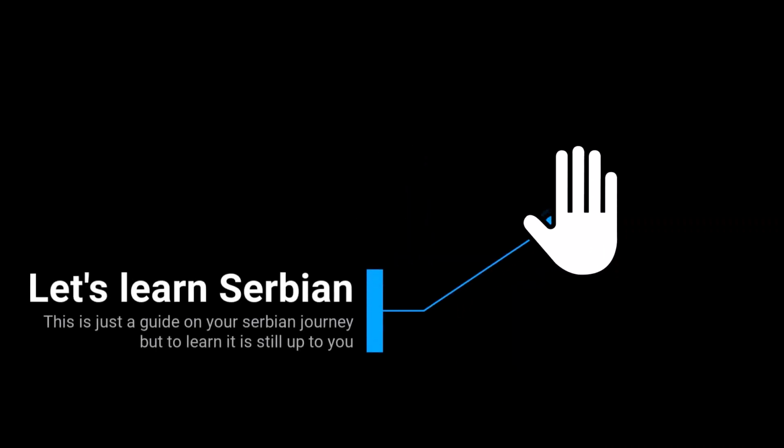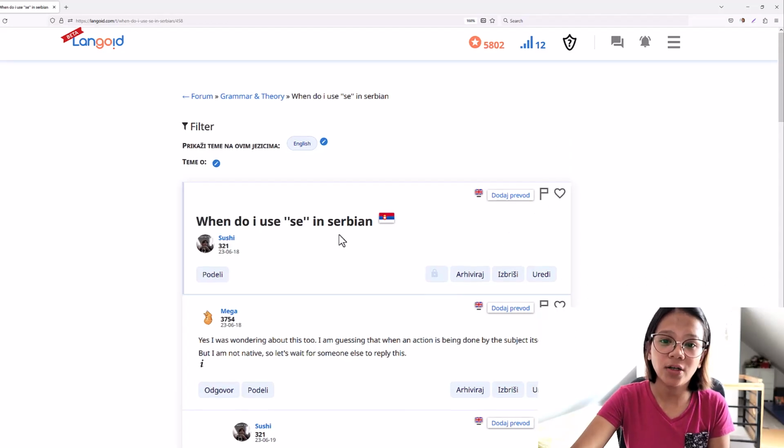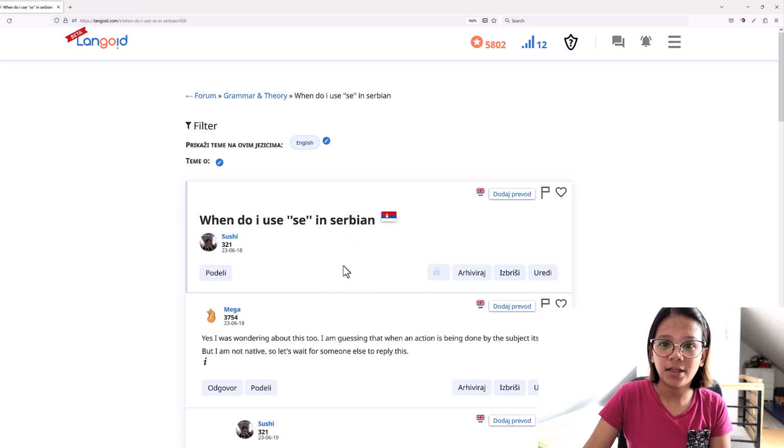So today we will talk about how to use se in Serbian. Last few days, Sushi, one of our learners, asked in the forum in Langoid, when do I use se in Serbian?